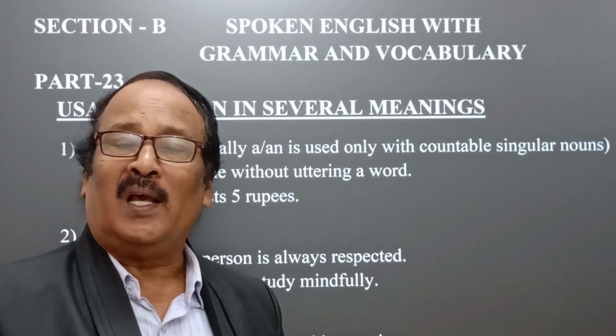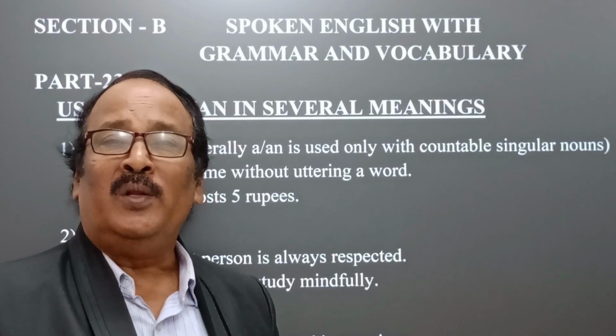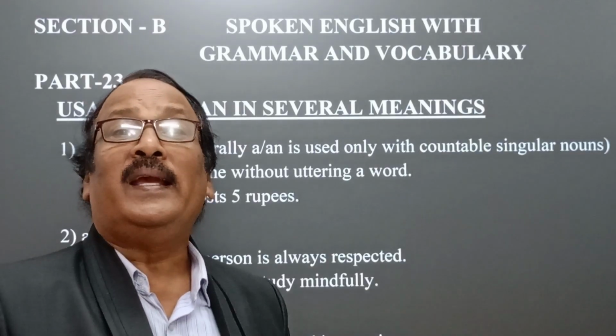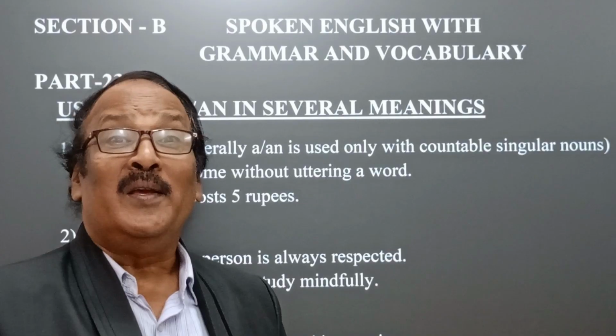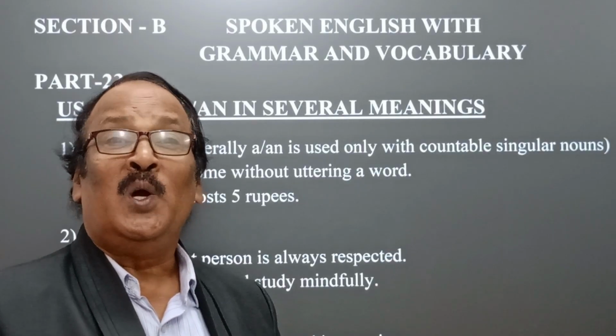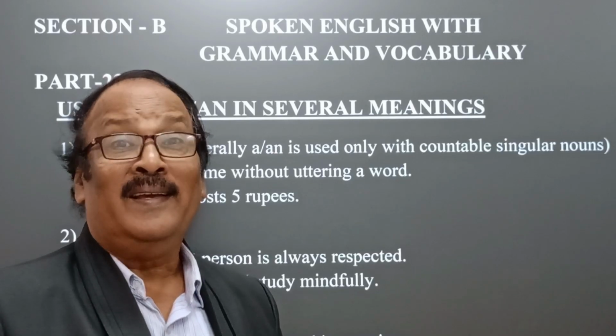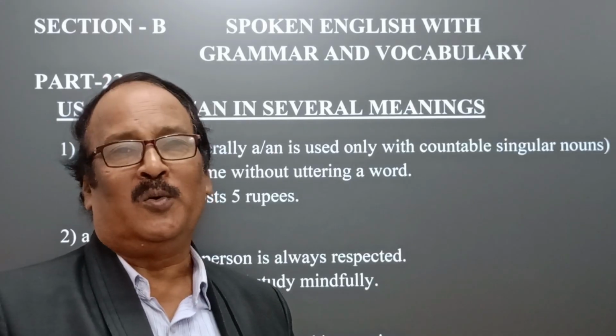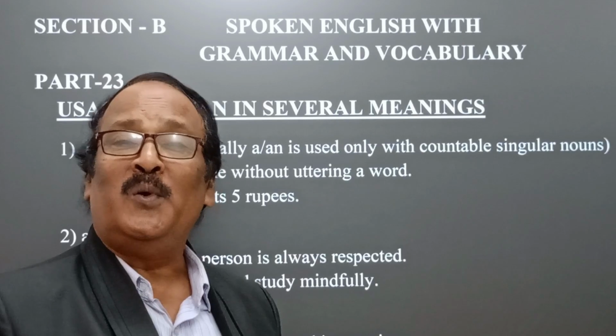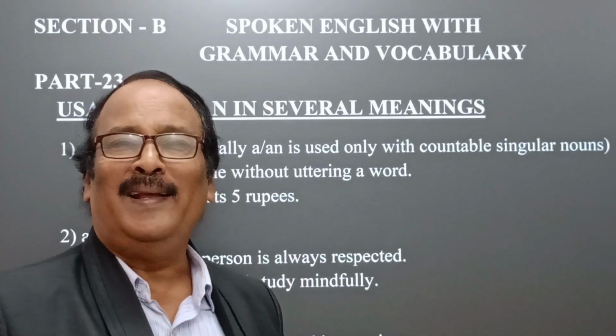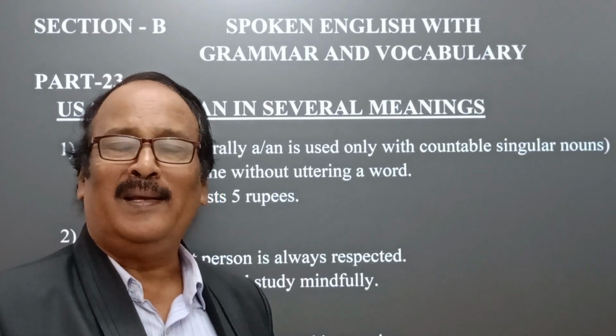In the previous class, we discussed the importance of articles, which are used as determiners to determine the head noun in any noun phrase. We also discussed that articles are of two types: one is the indefinite article, another is the definite article.